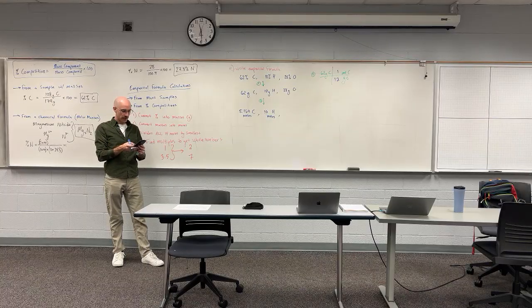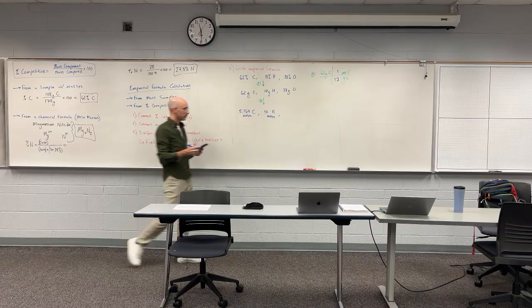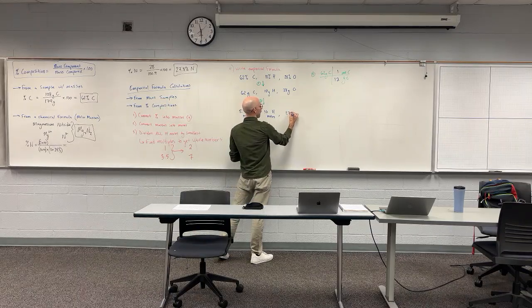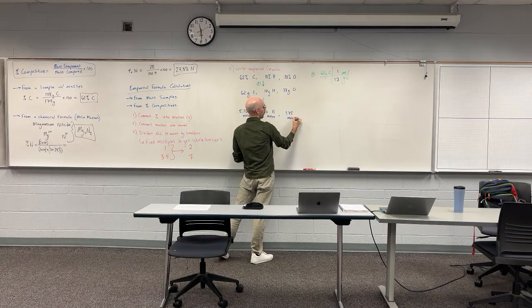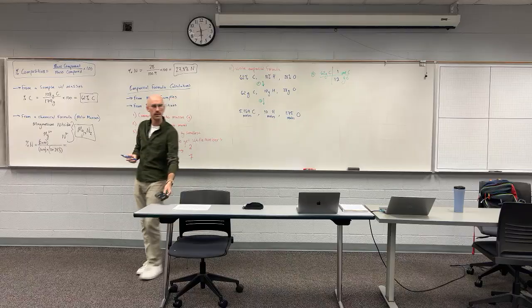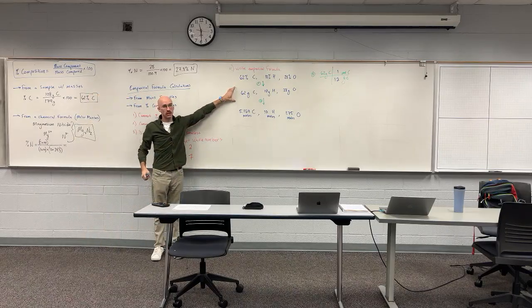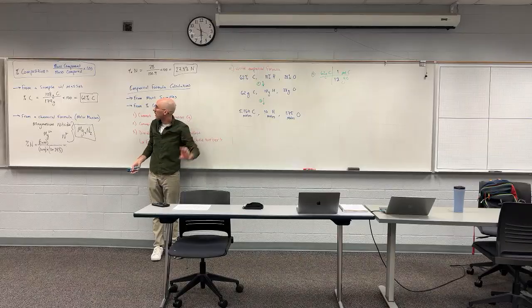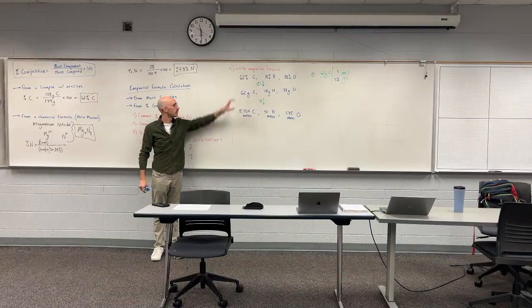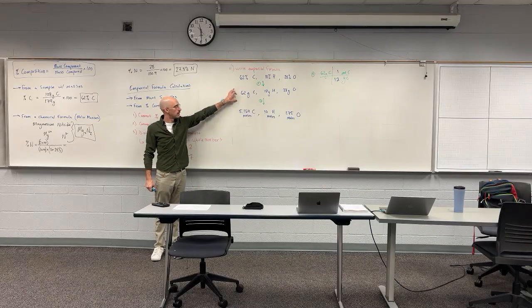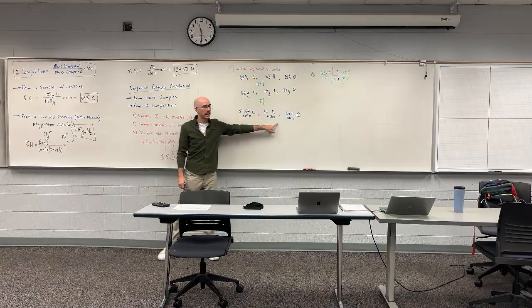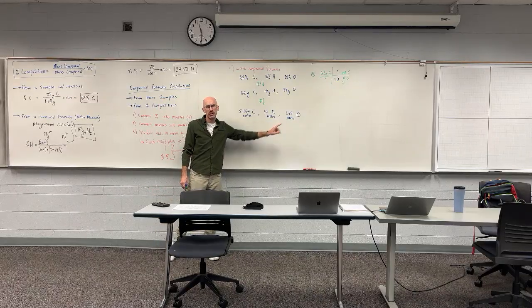So 28 divided by 16, 1.75 moles of O. Given a percentage or given a list of masses, I can convert that into how many moles of those compounds I have.